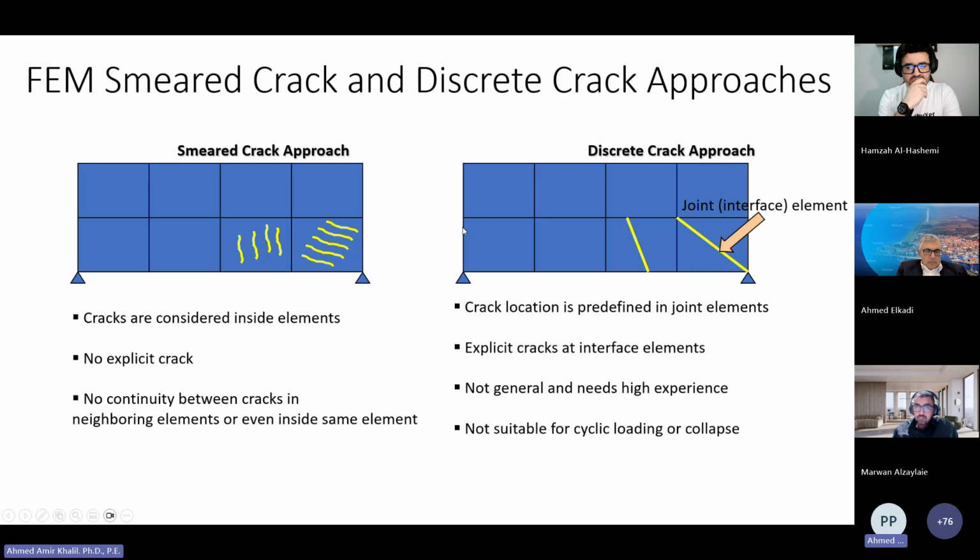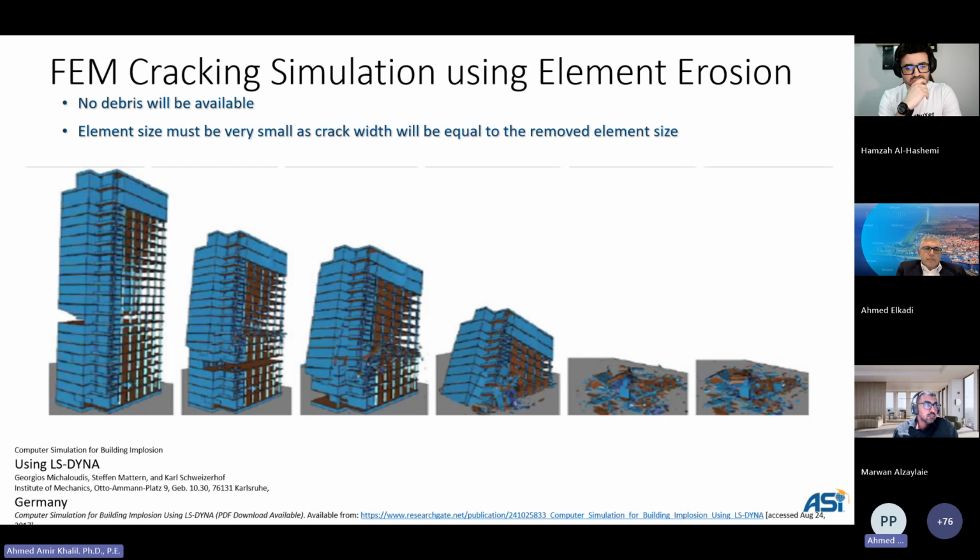In finite element method, we have what we call smeared crack approach, or we have to specify the crack ahead of time with a discrete crack approach, or we can use in finite element method what we call element erosion, meaning that the element disappears, is removed completely from the analysis.